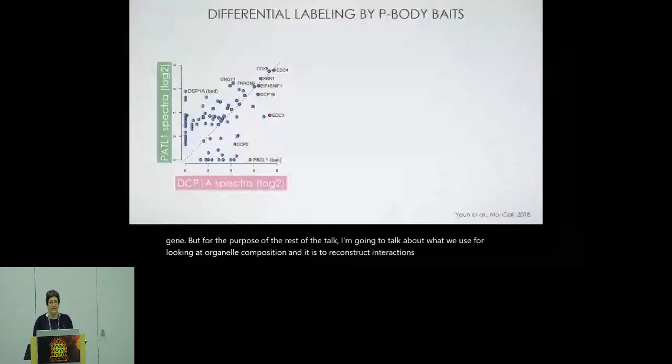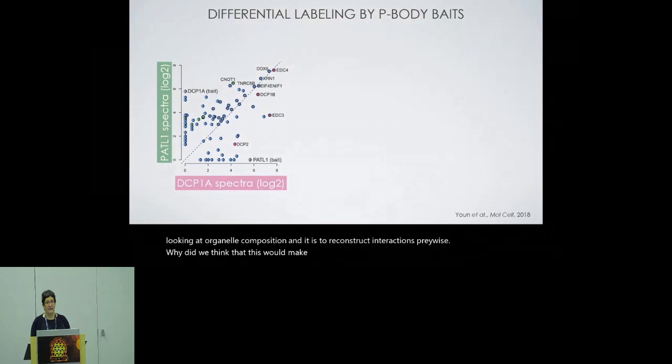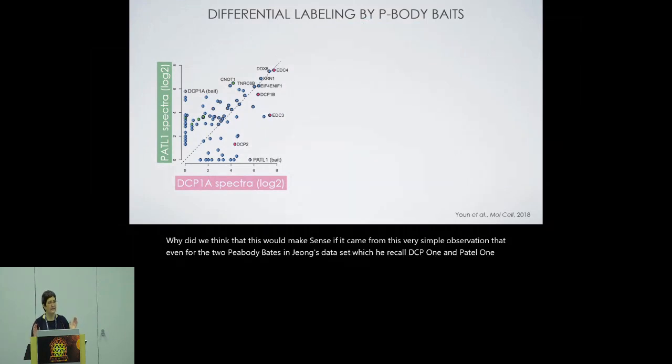Why did we think that this would make sense? It came from this very simple observation that even for the two P-body baits in de Jong's dataset, which here are called DCP1 and PATL1, if you look at the quantitative recovery of preys with each of them, while there are some proteins that are on the 45-degree angle, you will see that many proteins are not.